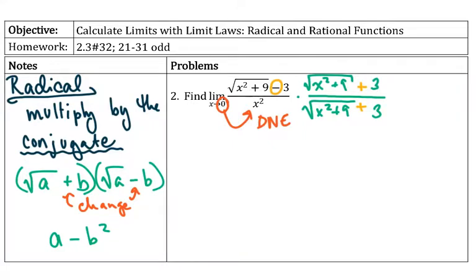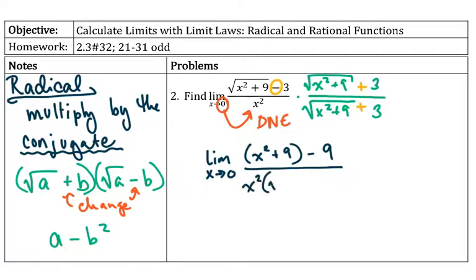So once we multiply by the conjugate, we still get the limit as x approaches 0 of, when we FOIL out that numerator, x squared plus 9, because the root part disappears when you multiply them together, because you're squaring it, minus b squared, b is 3, so minus 9, all over x squared times that conjugate again, root of x squared plus 9 plus 3 in the denominator.